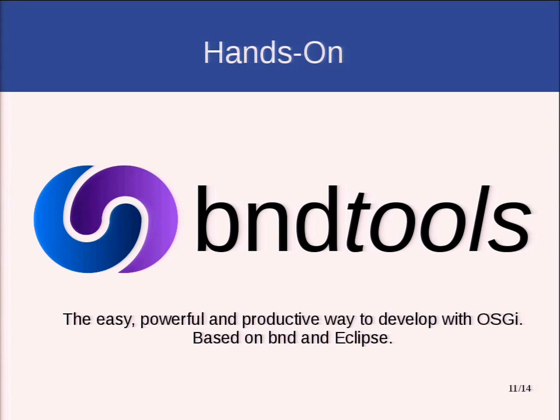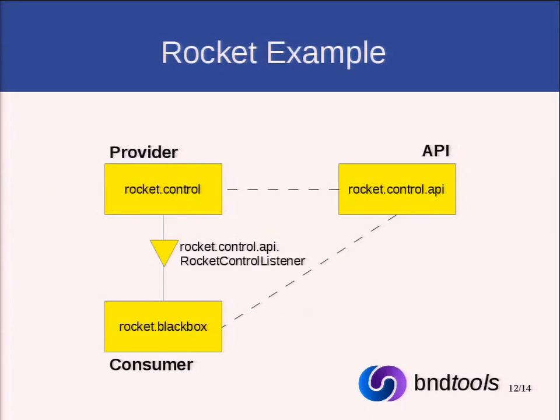So I'm going to show you a live demo with Bndtools, because we implemented automatic semantic versioning in Bndtools in the latest release, which you can get right now. The example: we have a provider, the Rocket controller. The whole example is really trivial, just to show the basics of what's happening when you do baselining, change versions and change the API. It imports its API because it implements that API, it provides it.